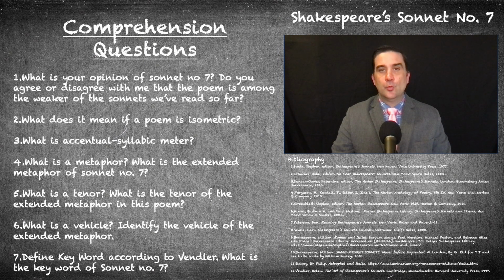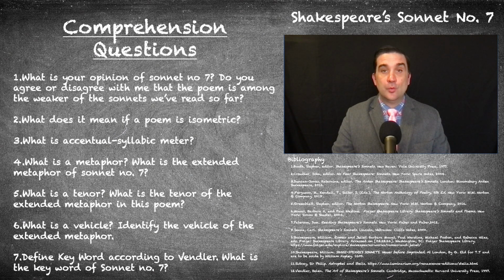Number 1. What is your opinion of Sonnet No. 7? Do you agree or disagree that this is one of the weaker poems in the sonnet cycle so far? Number 2. What does it mean if a poem is isometric? Number 3. What is accentual syllabic meter? Number 4. What is a metaphor? And what is the extended metaphor found in Sonnet No. 7?